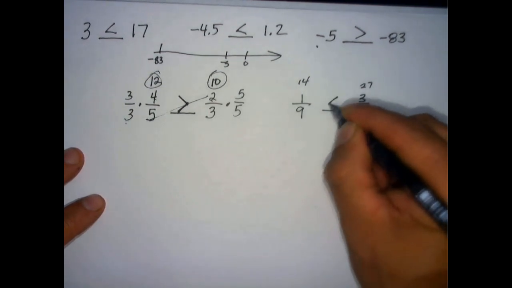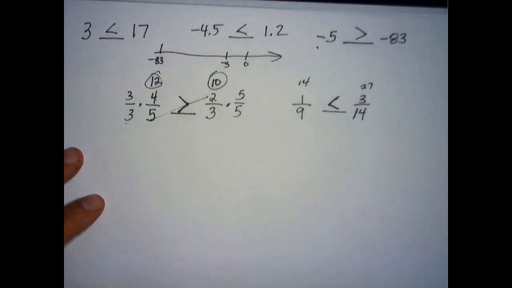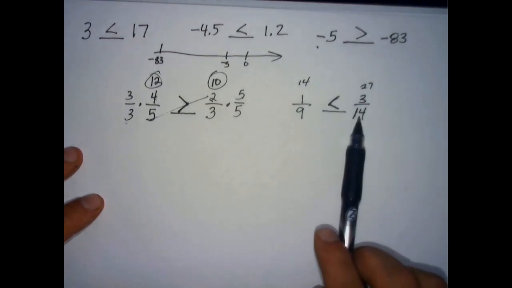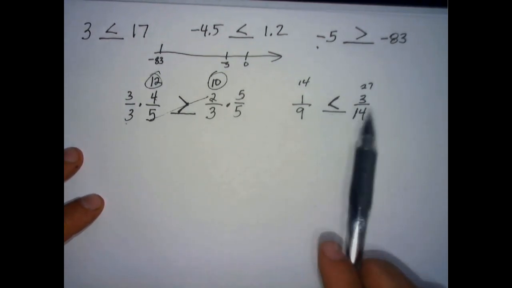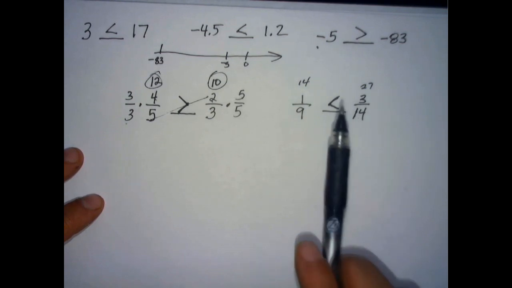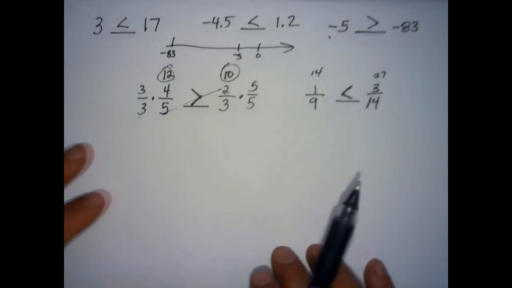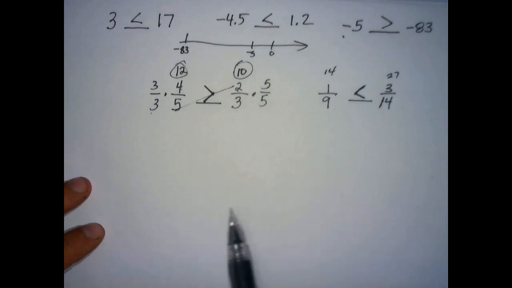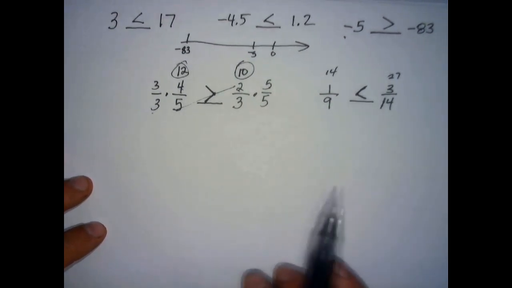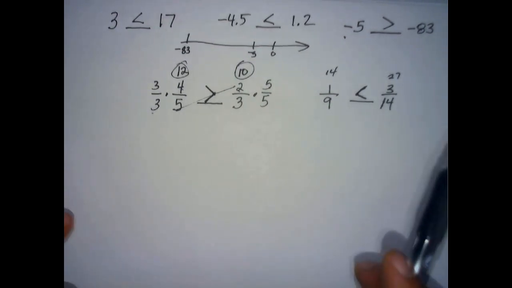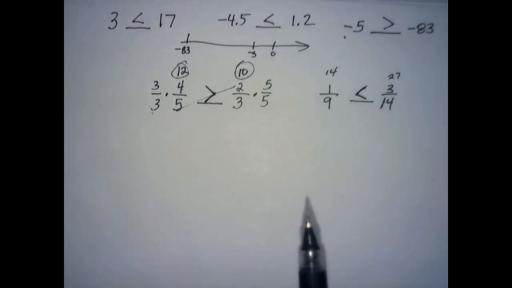You said it right. You just said it backwards. It's fine. You can say it backwards too. If 1/9 is less than 3/14, then 3/14 has to be greater than 1/9. Okay, yes. But usually read it from left to right, because we're not in that place where they read it backwards and upside down.